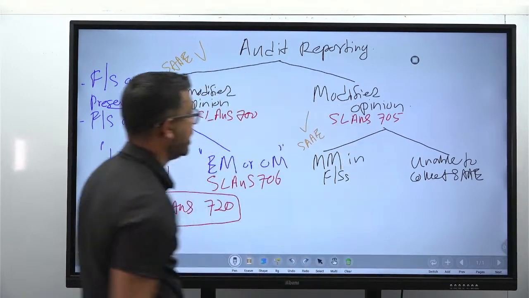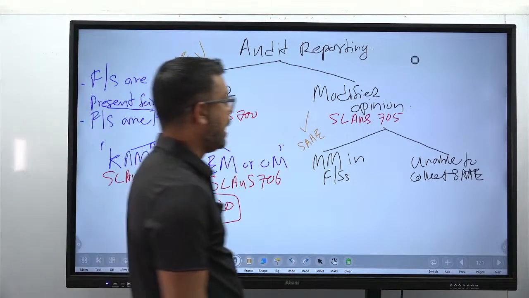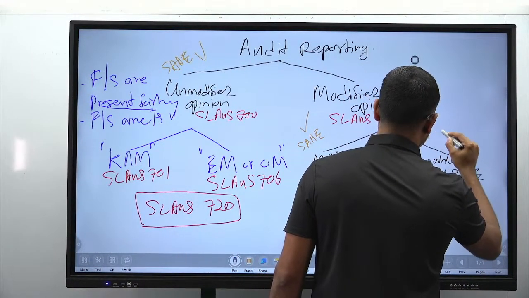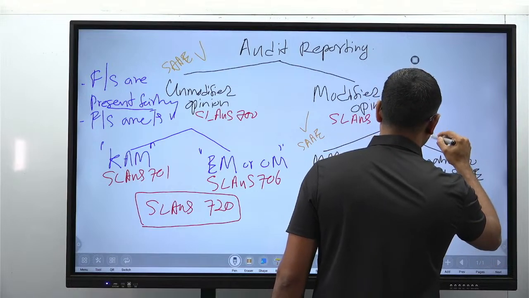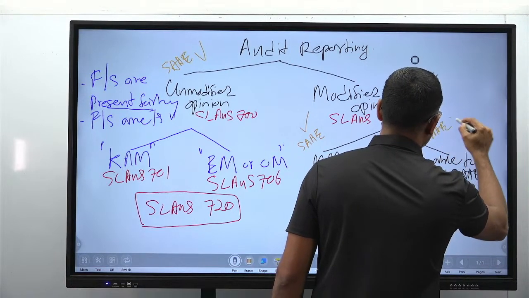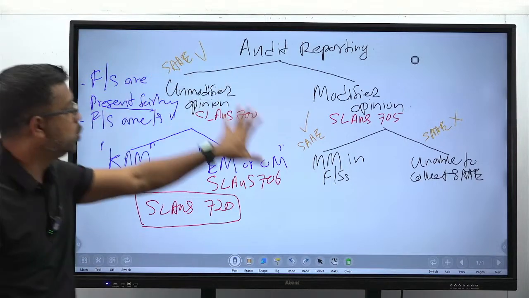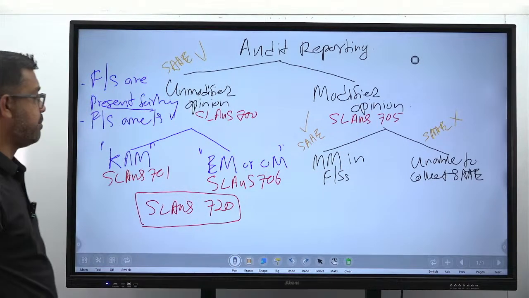Yes, it's required. But inability to collect sufficient appropriate audit evidence means you don't have sufficient appropriate audit evidence. But in these two cases, yes, you have sufficient appropriate audit evidence.